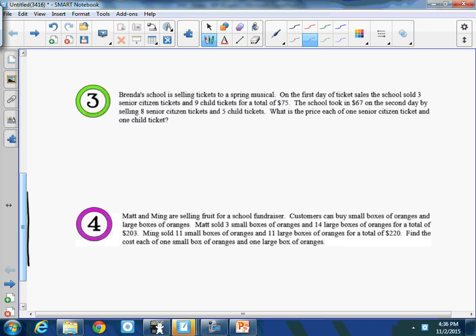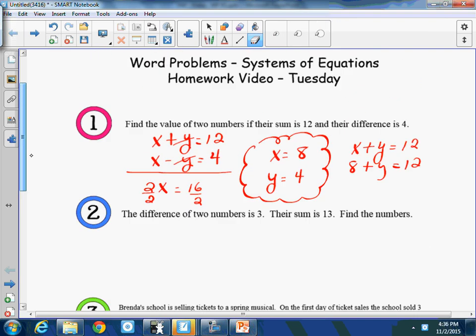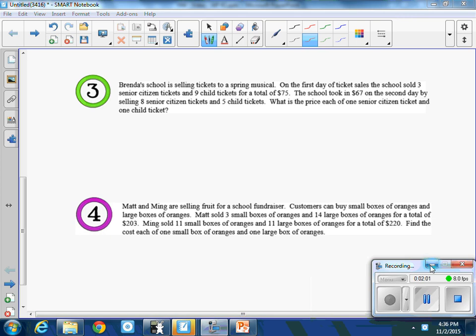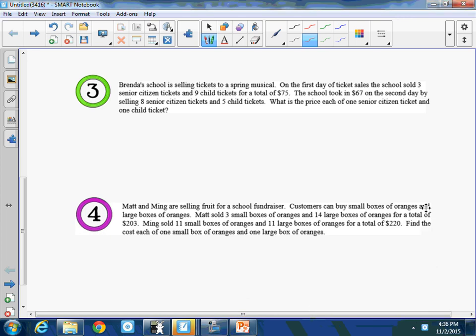Okay, so we've got number 3 now. Alright, for number 3, the school is selling tickets to the Spring Musical. On the first day of ticket sales, the school sold 3 senior citizen tickets and 9 child tickets for a total of 75.